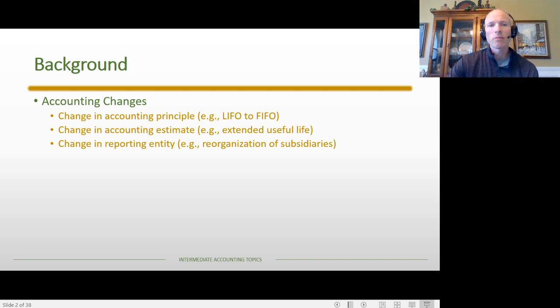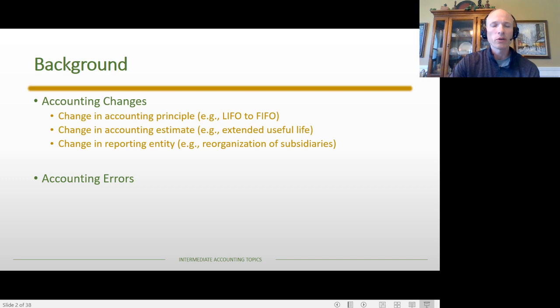When we talk about change in reporting entity, that would be kind of like a reorganization. So you might be organized in geographic segments, and then instead of geographic segments, you might instead be using business segments. You could also potentially go from 4 segments to 5 segments, or reorganize your company. And so those are other types of accounting changes.